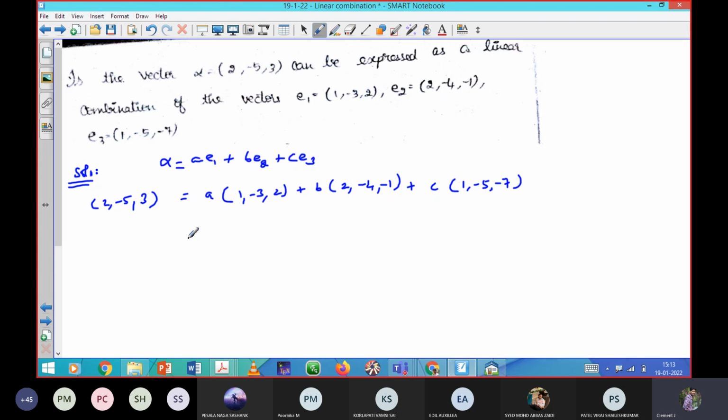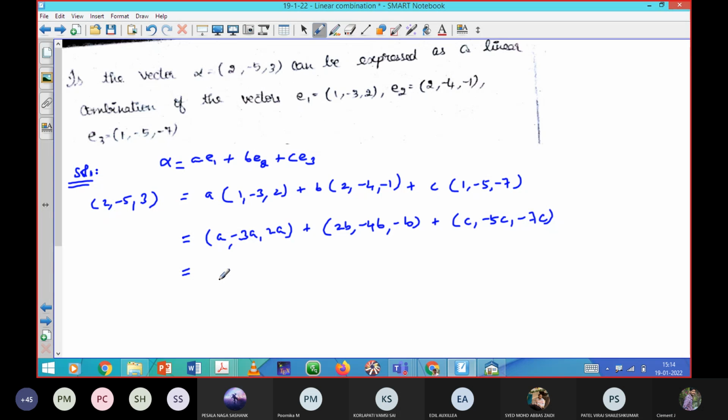After this, I can further expand it like a, -3a, 2a; next 2b, -4b, -b; then c, -5c, -7c. In any case, how can it be further expanded?